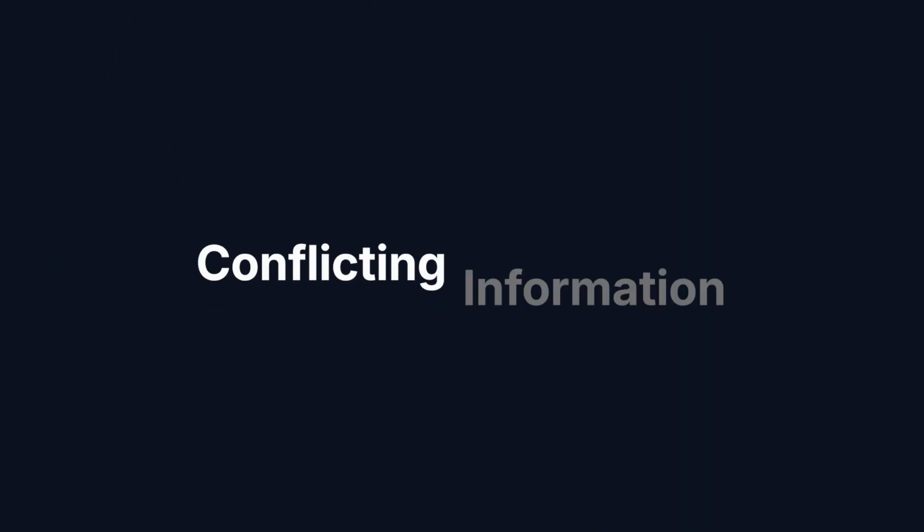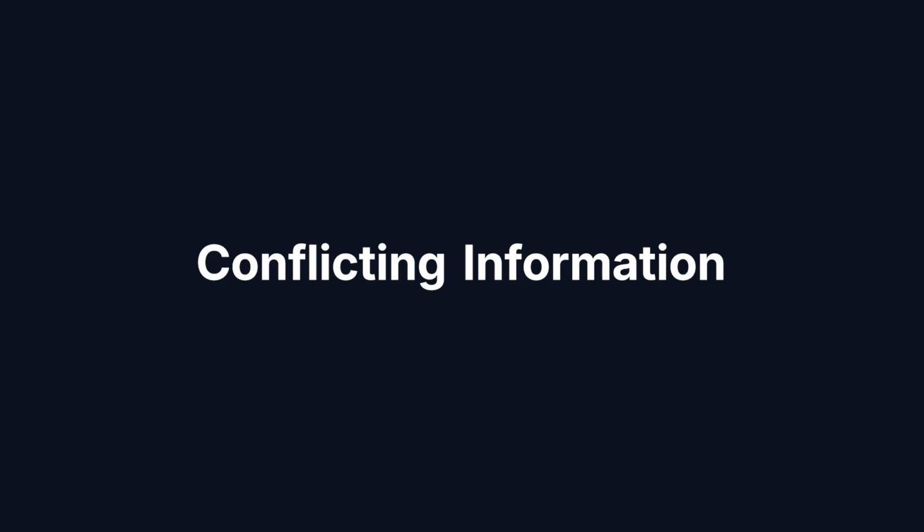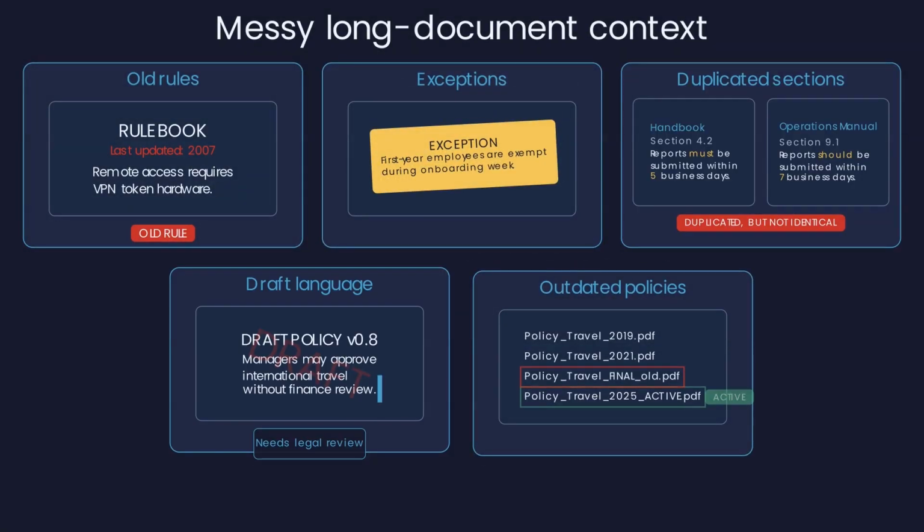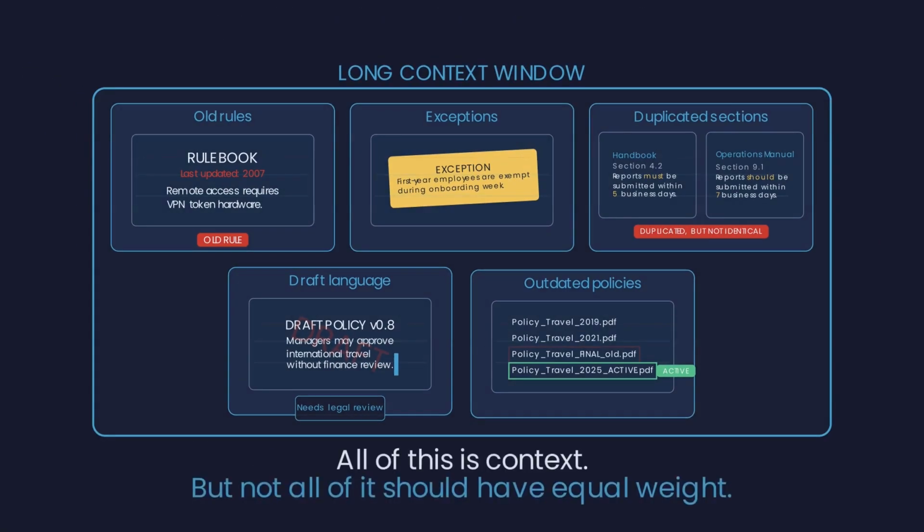The fourth issue is conflicting information. Long documents often contain old rules, exceptions, duplicated sections, some draft language, or some outdated policies. A model may find a statement that looks relevant but is no longer valid, or it may blend two sections together.